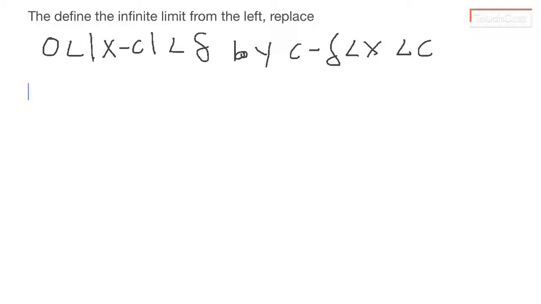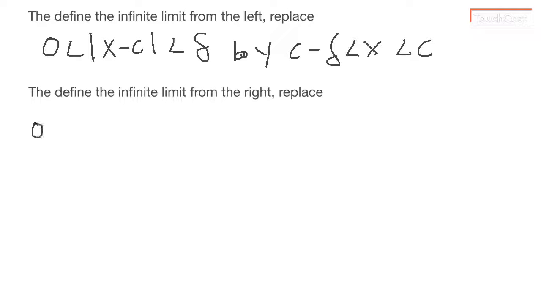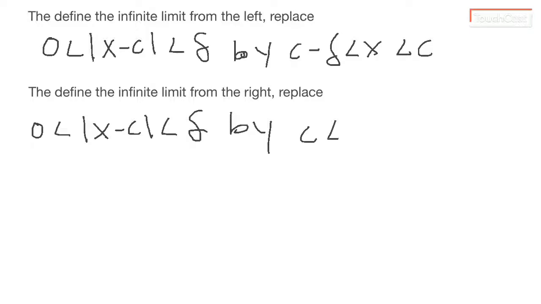And then to define the infinite limit from the right, we're going to replace the same thing, 0 less than the absolute value of x minus c less than delta, by c is less than x, which is less than c plus delta.